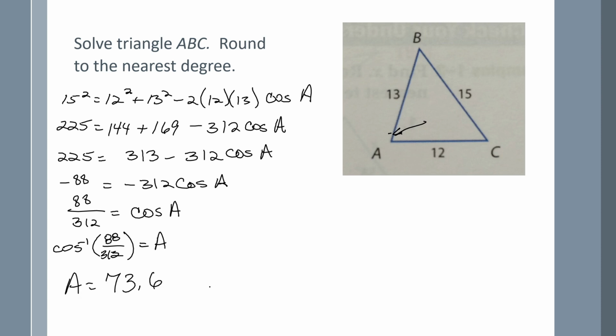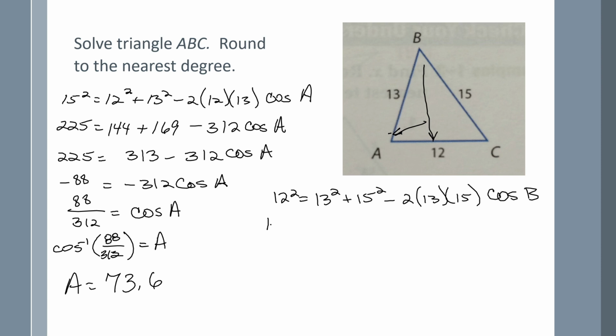Now we'll do B, right? So 12 is across from B. You could do C if you wanted, but we're just going to do B. So 12 squared equals 13 squared plus 15 squared minus 2 times 13 times 15 and the cosine of B. Okay?